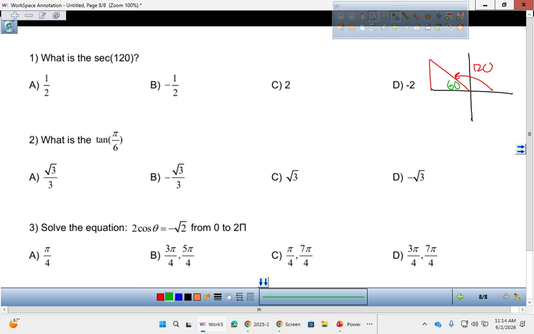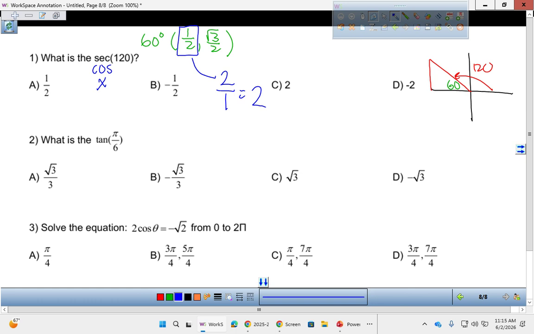And the 60-degree coordinate point is 1/2 comma root 3 over 2. And secant goes with cosine, and cosine goes with x. So I want to focus in on the x value of this, which is 1/2. But secant is the flip of that. So I'm going to have to take that 1/2 and flip it, which is going to give me a 2.